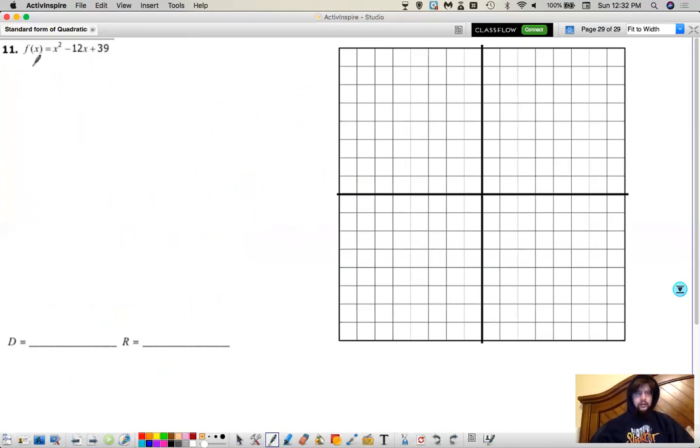Okay, so separate it. Factor out a. A is 1, keep going, find out what little b is. If you're getting a negative whenever you're doing this, use parentheses. If you don't use parentheses, you're gonna mess everything up. Use parentheses, people.